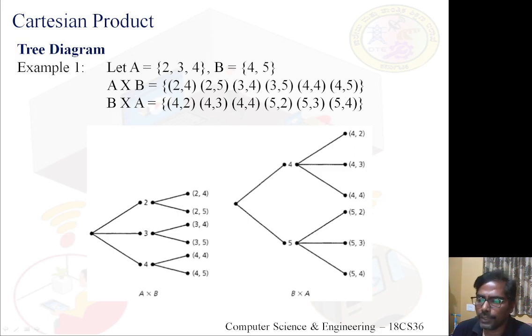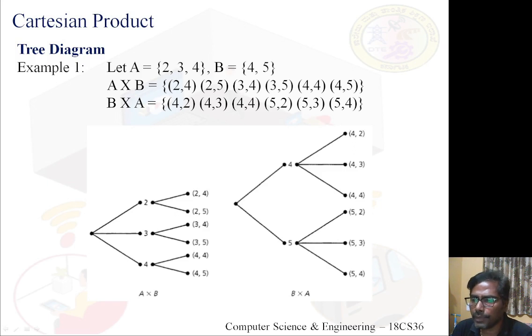Now let me have a look at constructing the tree diagram for B cross A. As I said, the tree diagram starts from left to right. Got it? So now I am constructing the tree diagram for B cross A. In B there are two elements 4 and 5.